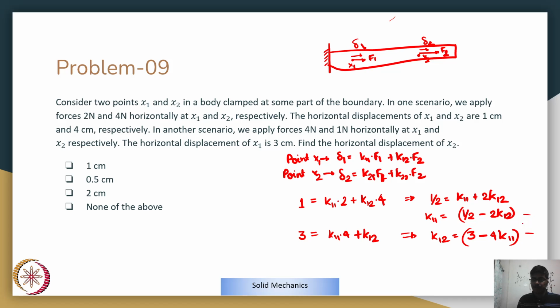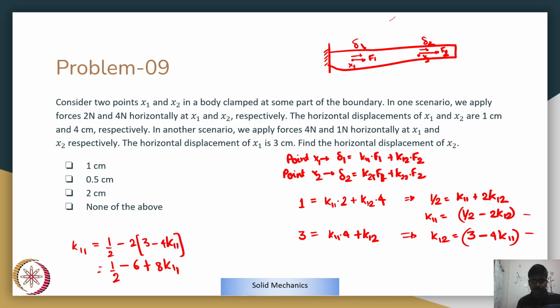If we use these two equations, we basically get k11 is equal to half minus twice of (3 minus 4k11), right? This is nothing but half minus 6 plus 8k11, correct?